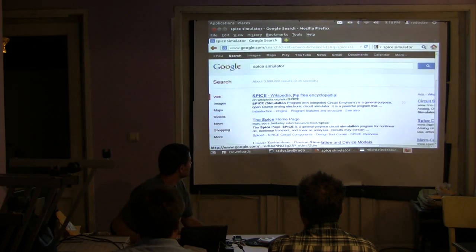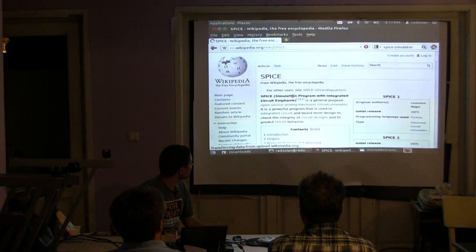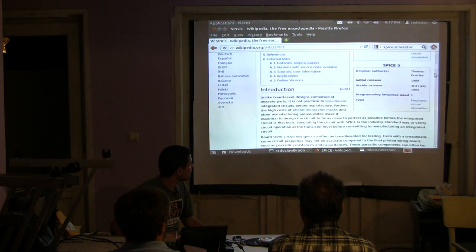Simulation Program with Integrated Circuit Emphasis. It was developed in 1973, and it has 3 versions till now.